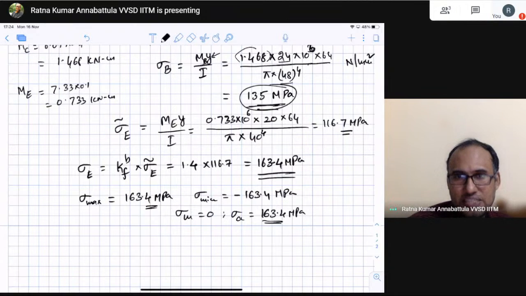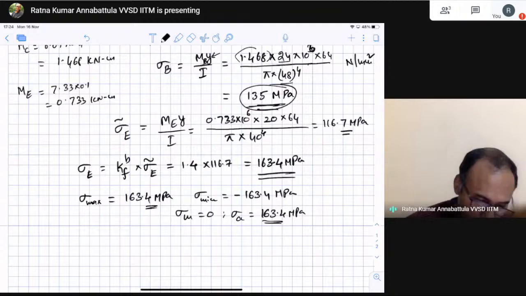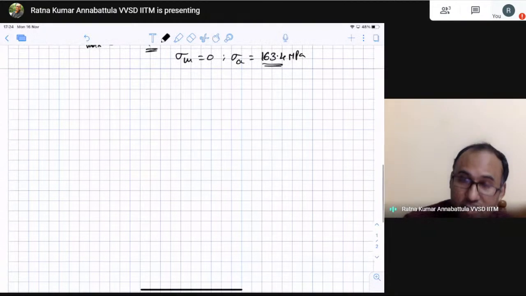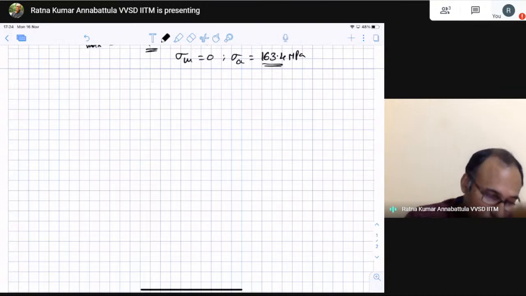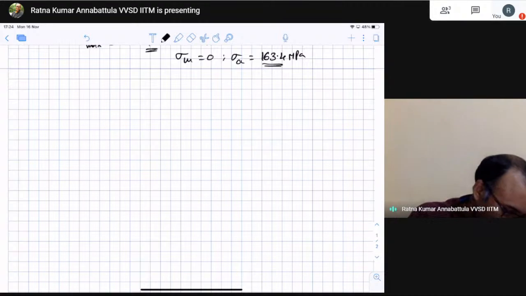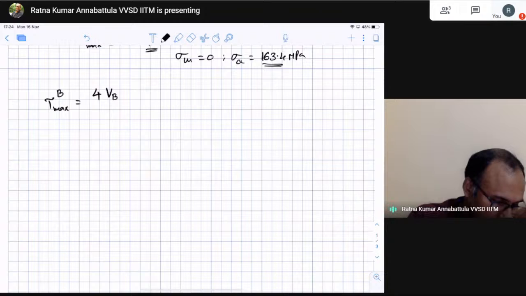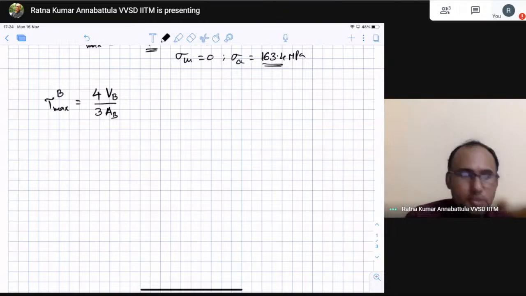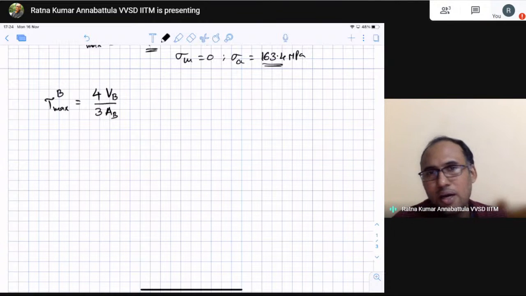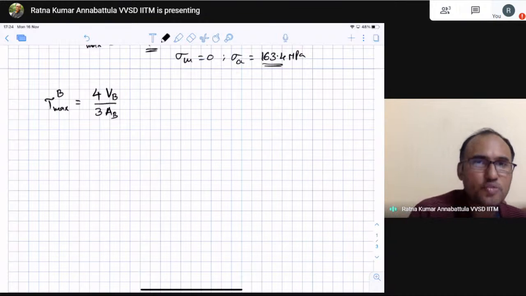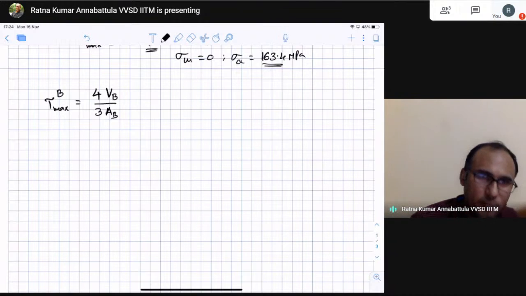So much for bending stress. But will there be shear stress induced in the system? Yes, because the shaft is rotating, and because there are shear forces acting on the beam, the shear stress tau max acting at point B will be 4 times shear force acting at B divided by 3 times area at the point B. This is what we call VQ by IT, a formula that you would have learned in your strength of materials class.